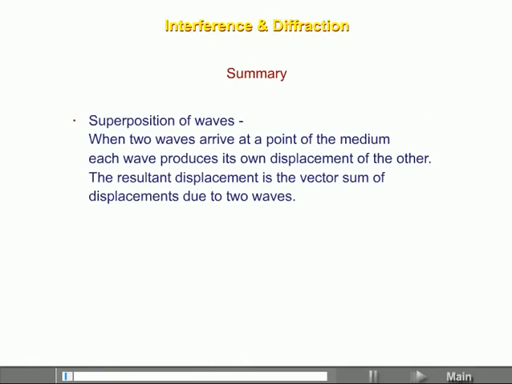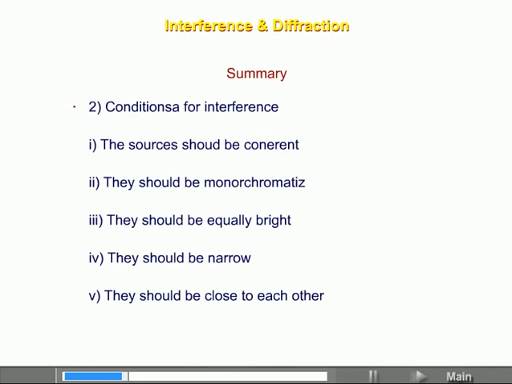Summary. Superposition of waves. When two waves arrive at a point of the medium, each wave produces its own displacement independent of the other. The resultant displacement is the vector sum of displacement due to two waves. Conditions for interference.